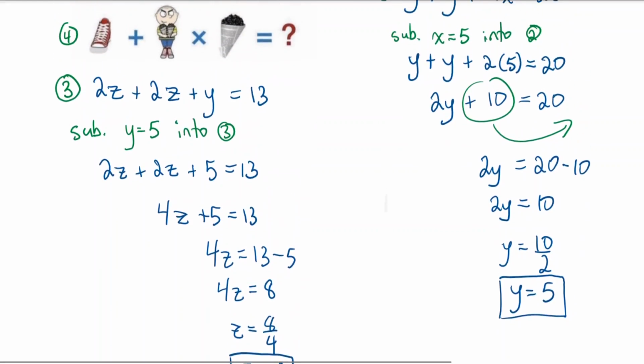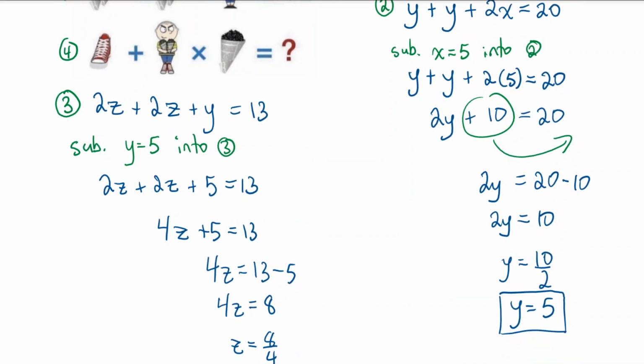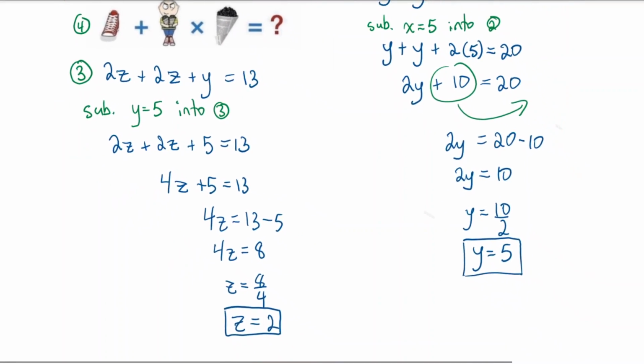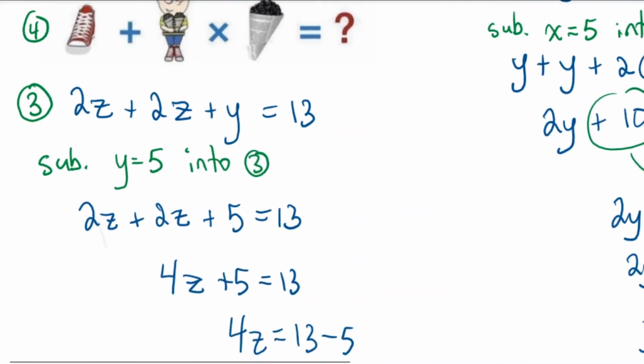Looking at our final equation, equation 4, let's zoom out a little bit for a second. Equation 4 states we've got one shoe, so x plus, here we need to be very careful with this image. We have a lot going on, so let's zoom in on this guy.